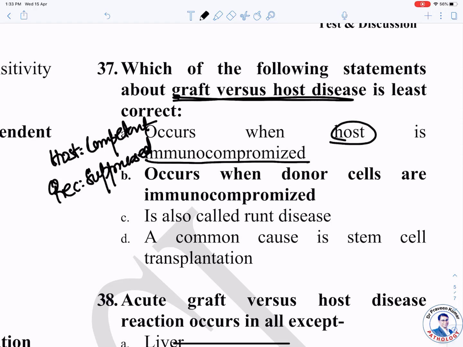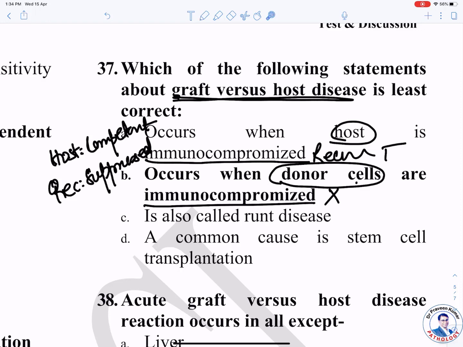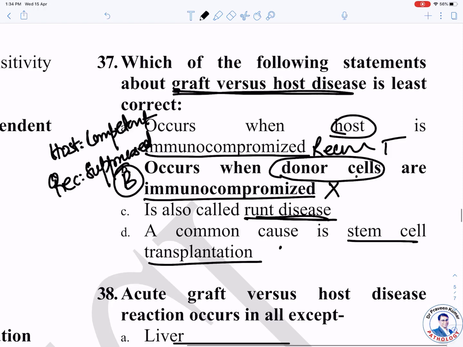Who is the host? Recipient. Okay, this is true. Occurs when donor cells are immunocompromised. It cannot happen, right? Because donor cells are immunocompetent. Okay, it is also called Runt disease, no doubt about it, and is seen in hematopoietic stem cell transplantation. And therefore I gave you an example, the real-time example of a child who is suffering from acute leukemia. The correct answer is B here. Okay, the answer is B here.